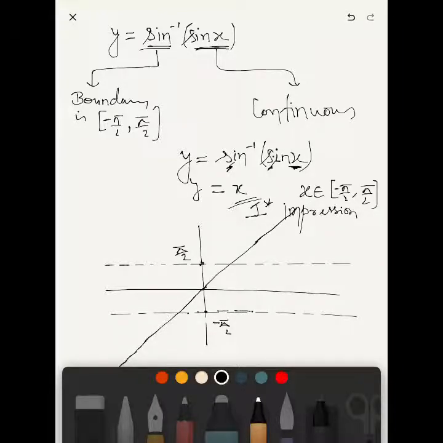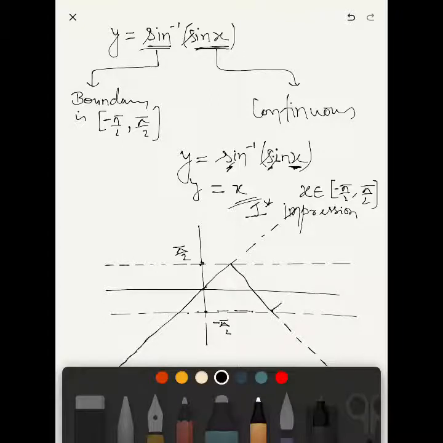Since the inner function is continuous, we need to fold the graph at boundaries. The part which is going out of boundary, we are folding it. So when you fold this graph, it will come out to be like this, isn't it? Again this portion has gone outside, so again we will fold it and bring it under the boundary.